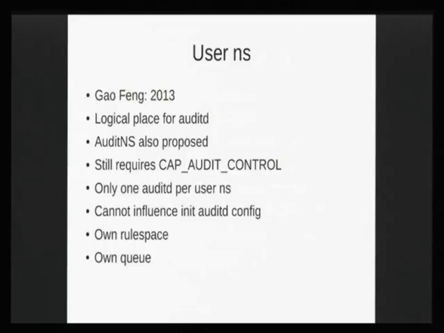We don't want somebody in a user namespace to be able to configure the entire host system to panic if something goes wrong with audit. Because imagine that: you could have a container, somebody sets the system up to panic when something goes wrong with audit, and then that person just floods the system with audit records and wedges it, and then the whole system goes down for everybody. It's a great way to get your container provider upset with you.